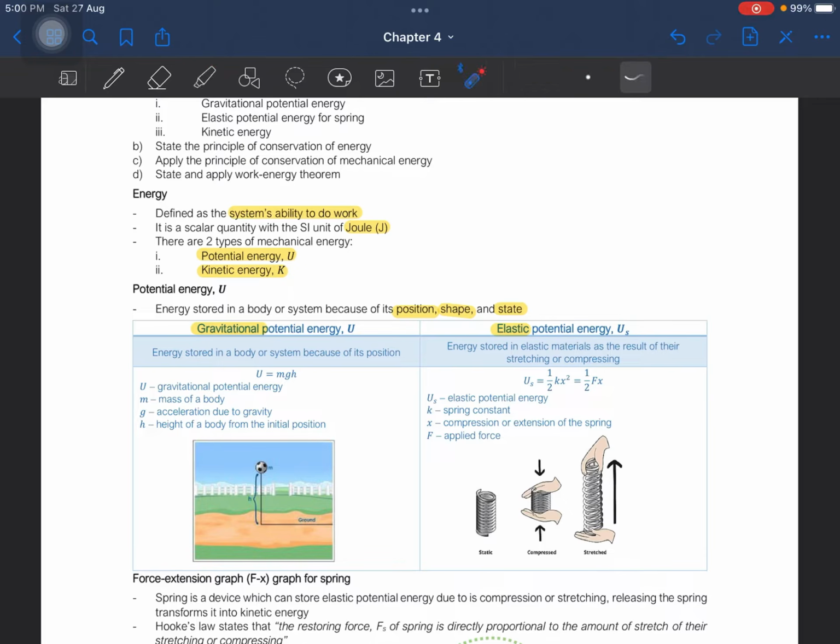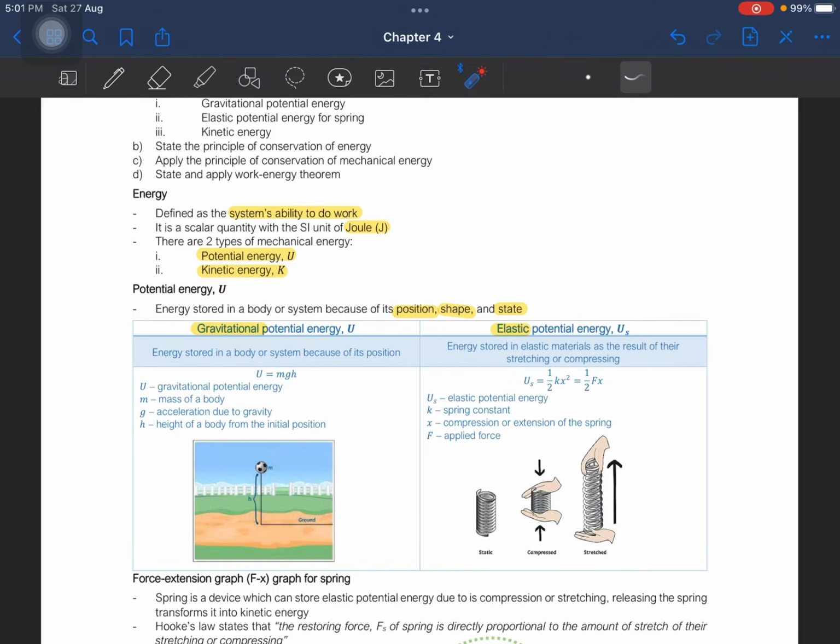So gravitational potential energy, it is the energy stored in a body ataupun system due to its position. Okay, so the other one, which is the elastic potential energy, it is the energy stored in elastic materials. Okay, it is the energy due to the result of their stretching and compressing lah.